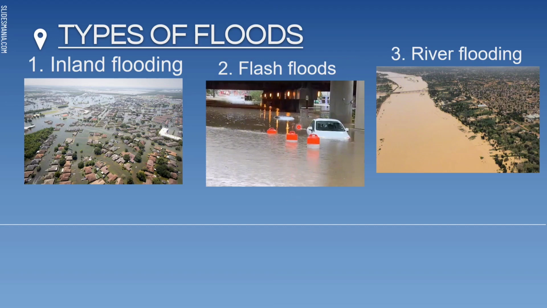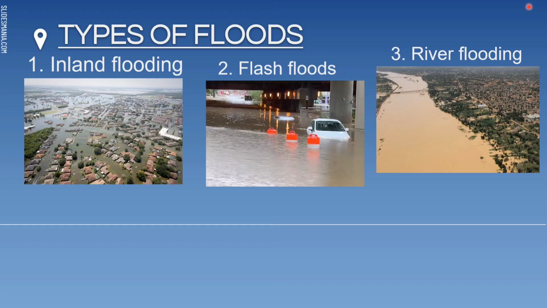The name flash refers to their fast occurrence and also to their raging torrents of water that move with great speed. Flash floods are also caused by heavy precipitation in a short period of time, usually less than 6 hours.